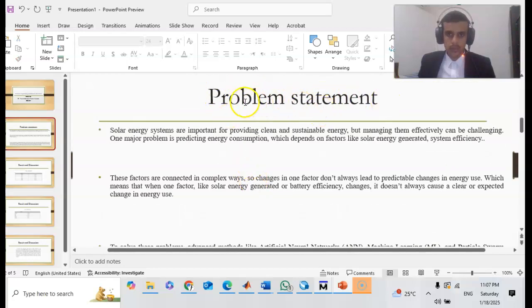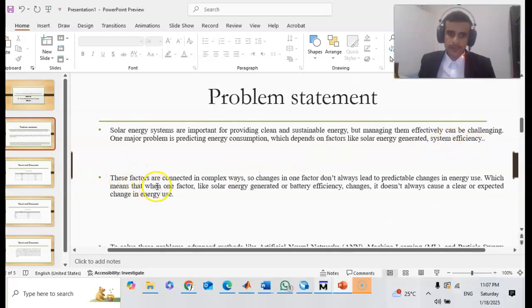Problem statement. Solar energy systems are important for providing clean and sustainable energy, but managing them effectively can be challenging. One major problem is predicting energy consumption, which depends on factors like solar energy generated and system efficiency.